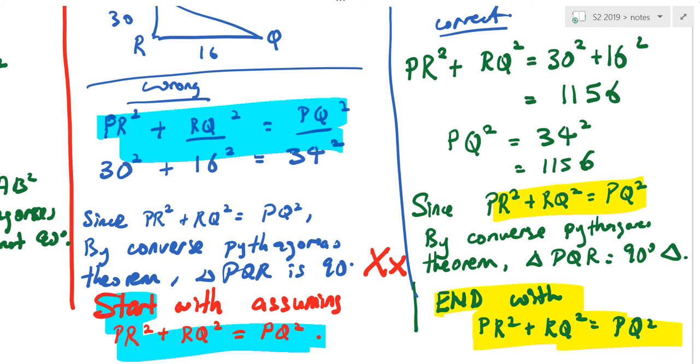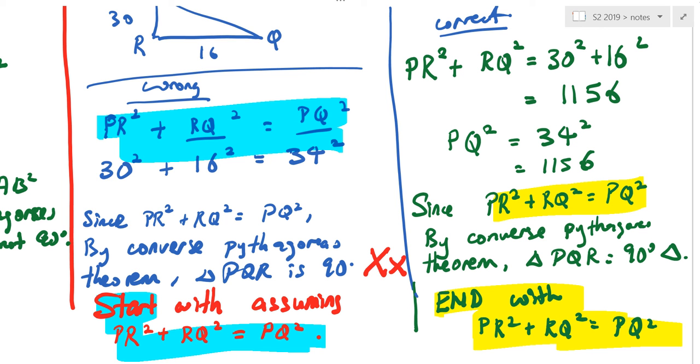Now, let me conclude again. Let me summarize. You cannot start with a square plus b square equals to c square because you don't know whether it is a 90-degree triangle. So for proving questions, under the correct column, you must only end with a square plus b square equals to c square.